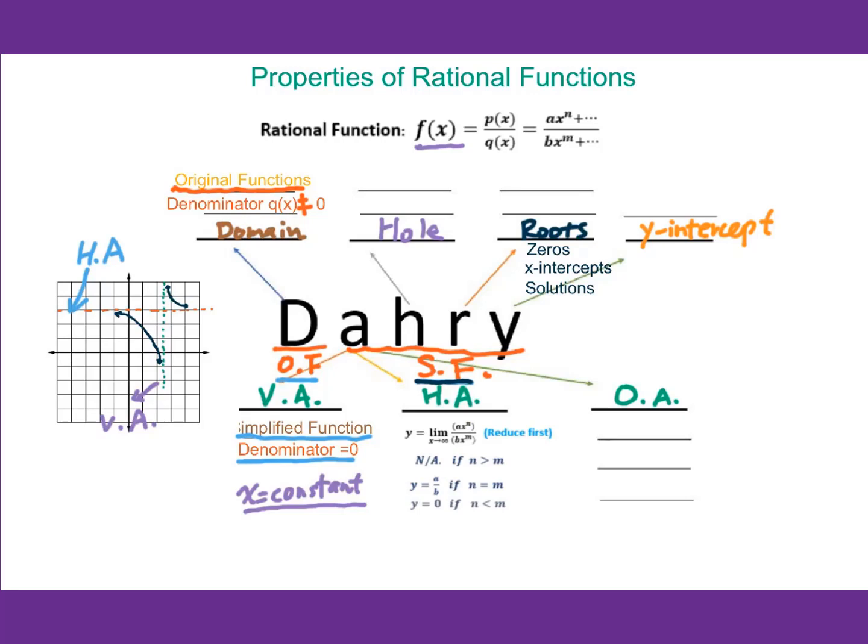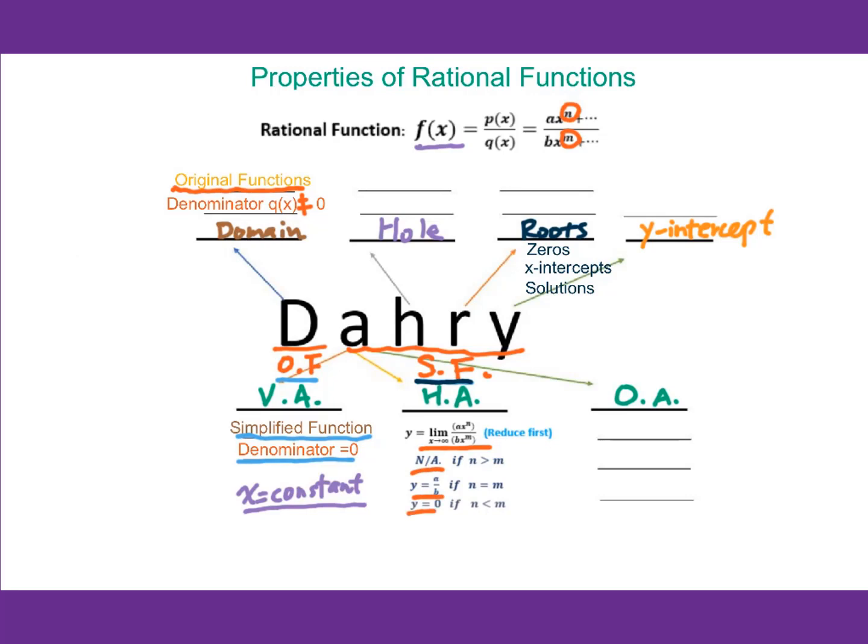You can use the limit of the leading terms of numerator over denominator of this rational function. That is this one. Or by comparing this n and m, you can get the horizontal asymptote line of a rational function.